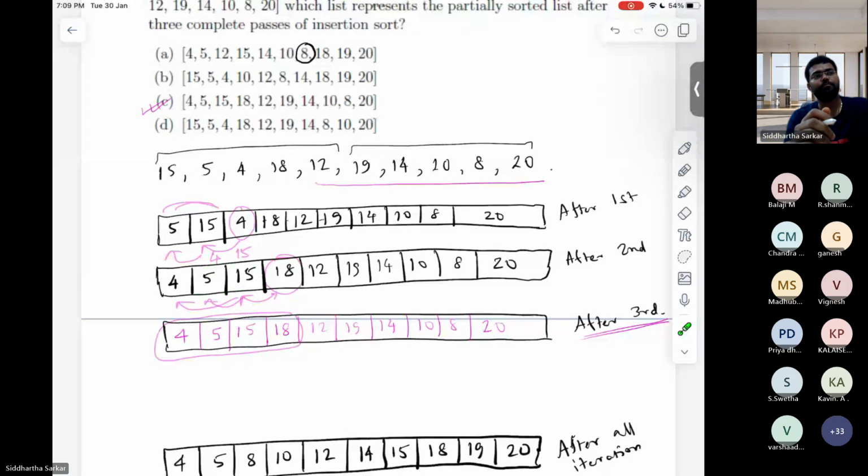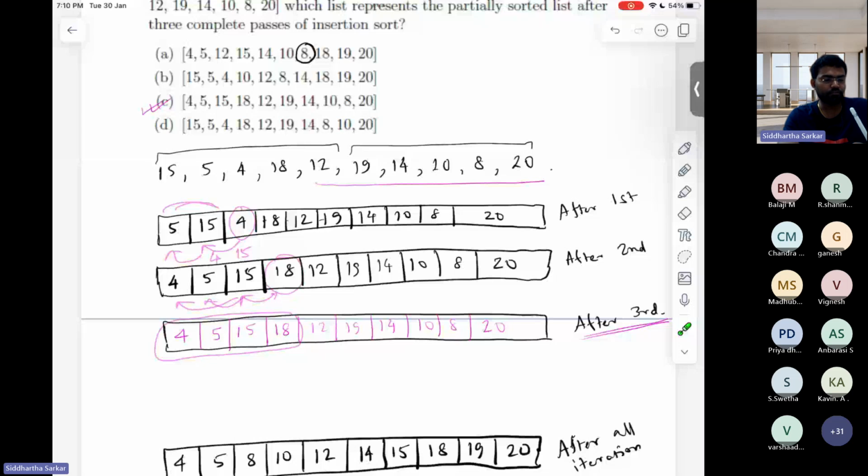Is that understood? I'll say it once again. 18 is compared with 15 and the algorithm realizes that 15 is already smaller than 18. So 18 should not be swapped with 15. 15 should remain to the left of 18.